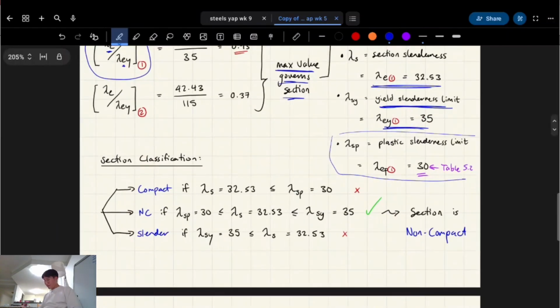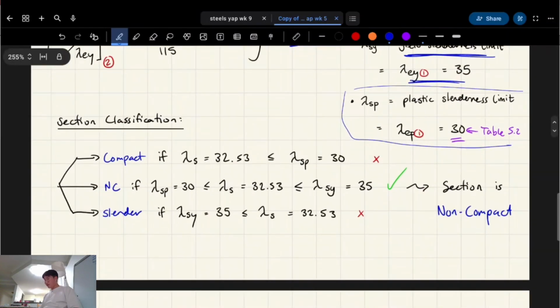Okay. Here we have some rules. This is what's written in the lecture slides, I think. So I've done it like this way. But basically, it's like this.